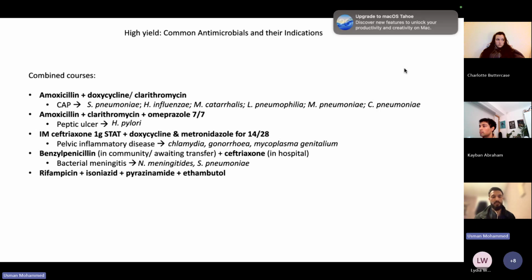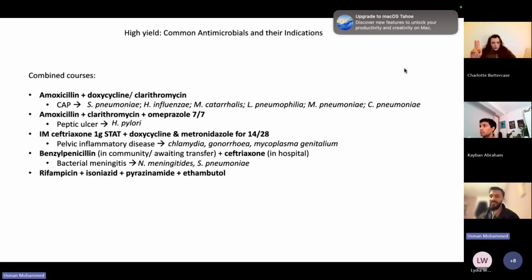This one's standard: rifampicin, isoniazid, pyrazinamide, and ethambutol. And so we've got this one, TB. Yeah, TB. So for this one, which ones do you give for the first 2 months? Which ones do you give for 4 months? A bit of active recall. So rifampicin and isoniazid we've got for 4.